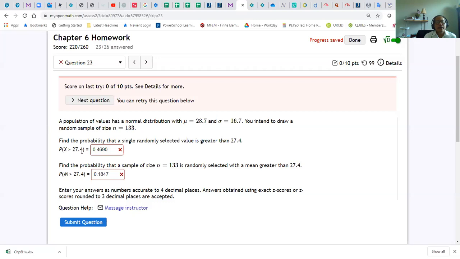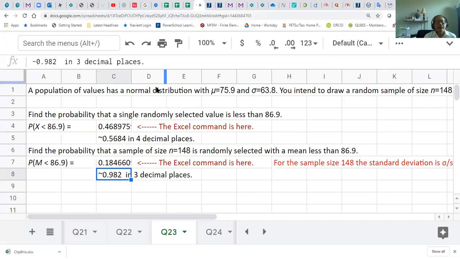Okay, I see now the problem here. This is greater than, okay. Because the problem is greater than, but in this case it is less than. So it's just simply subtract from 1, okay.